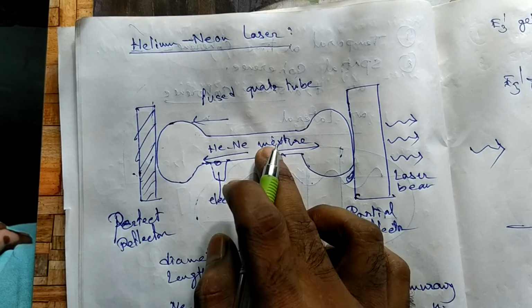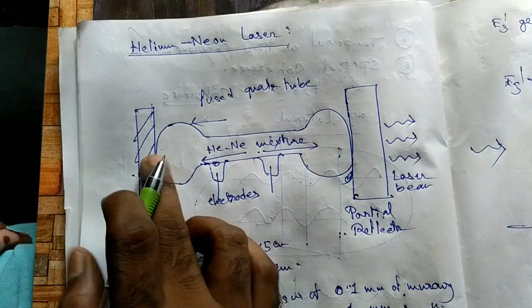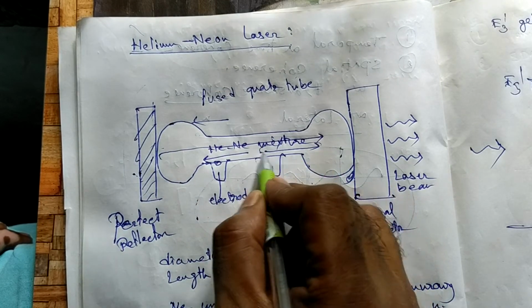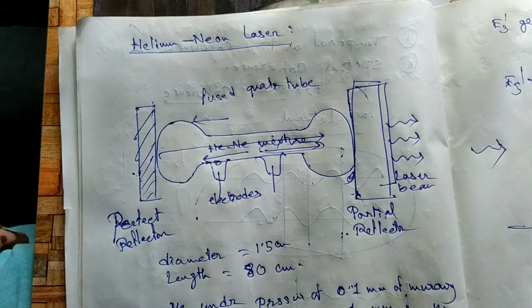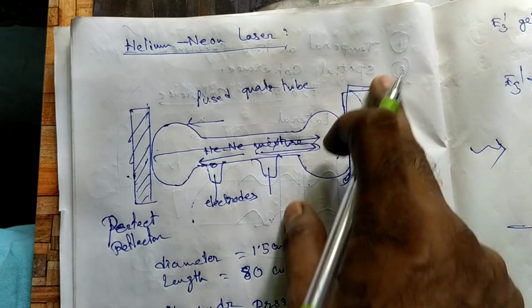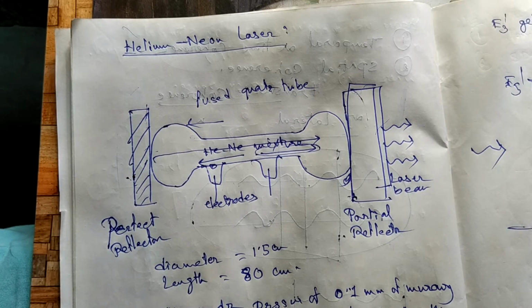Suppose this light passes through this partial reflector, and this light is reflected from the surface and travels parallel to this wave also and is released from the partially reflecting surface. That means the density of photons on this side becomes much higher, so the intensity of the laser beam becomes much higher. This is the whole process of the helium neon laser.